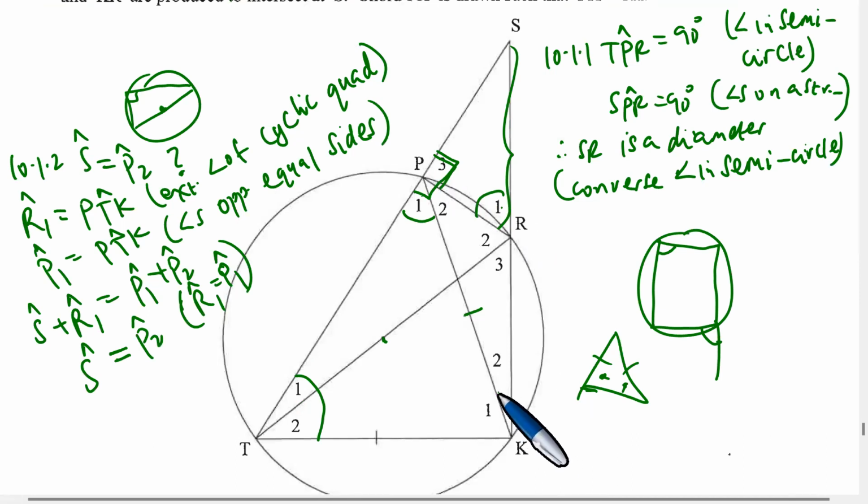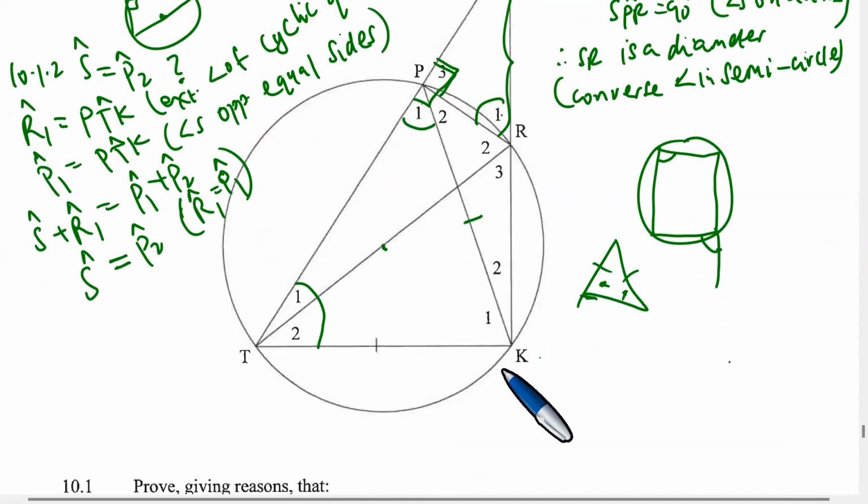We need to prove that, but obviously SPK and PRK both of them have K2 as a common angle. So we have a common angle.